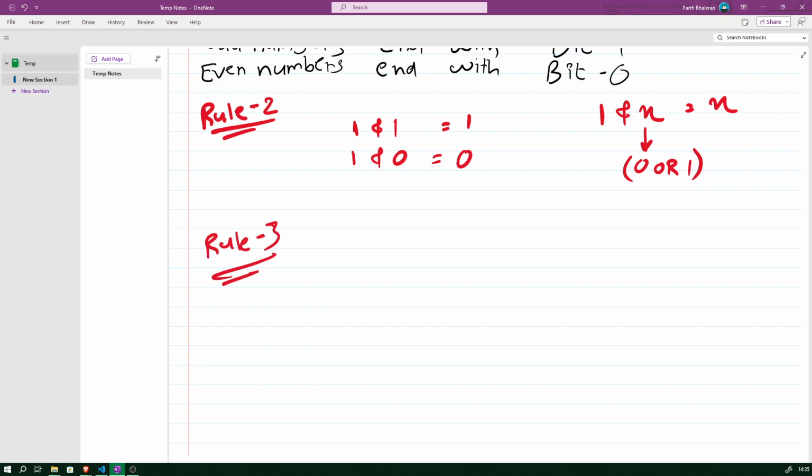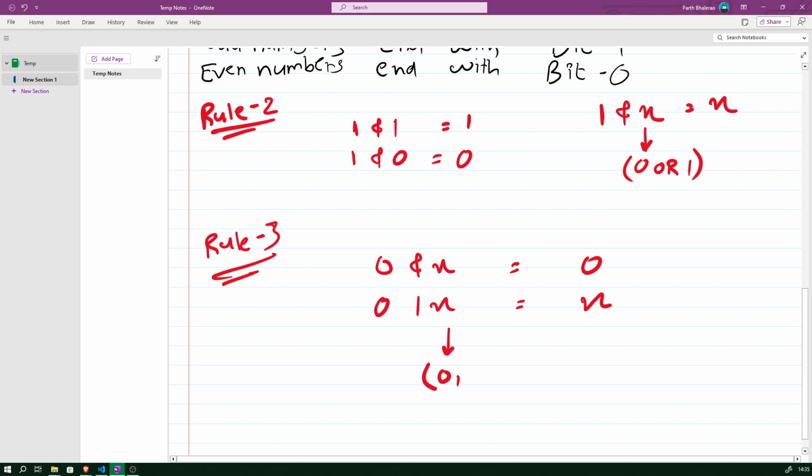Rule 3 is also quite simple. Suppose I need to do 0 AND x and 0 OR x. The answer is 0 for 0 AND x, and the answer for 0 OR x is x, where x could be any bit, either 0 or 1.